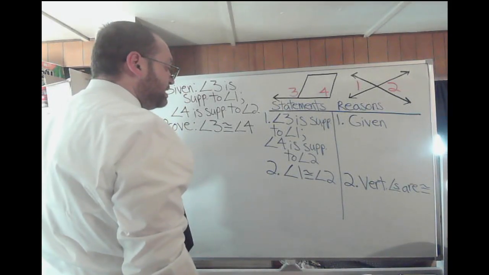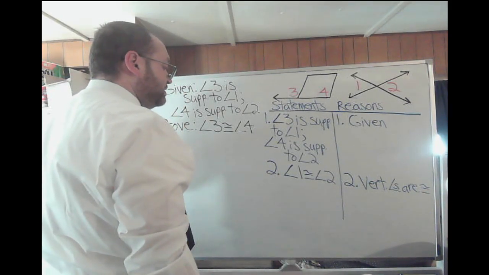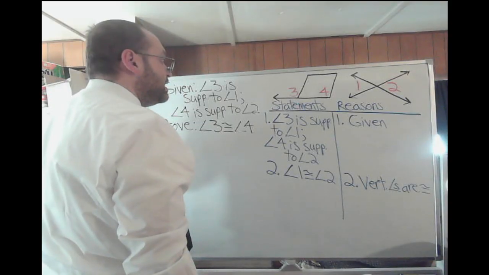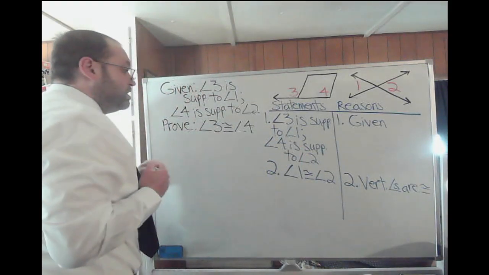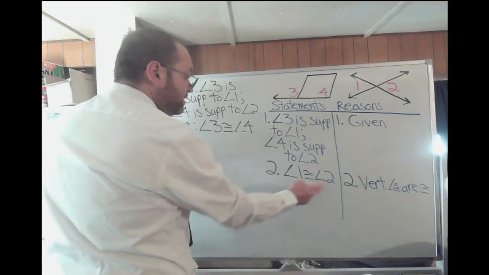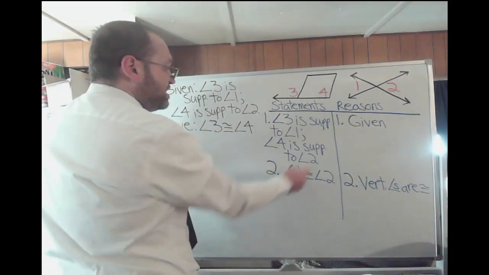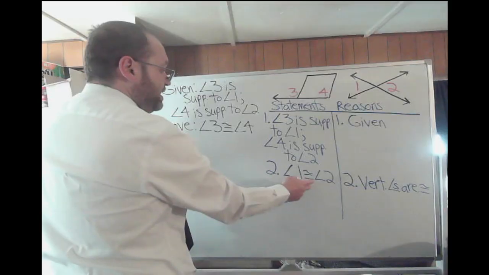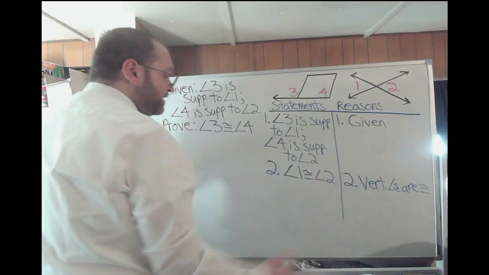Now, what we can do is we look at our original statements for this proof. If angle 1 is congruent to angle 2, I just got to pick one of these statements and change out angle 1 for 2 or 2 for 1, vice versa.